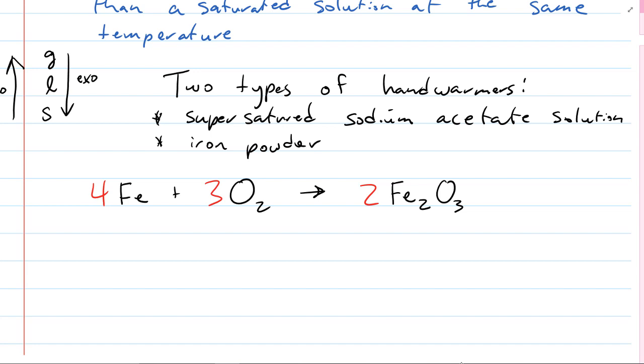So what happens in here then is that when you open it up, the water and the salt in there actually cause the iron to rust. And it turns out rust is an exothermic process. We don't see that when it happens on our cars, but when we grind that iron up into really small particles and combine it with oxygen, we see it gives off heat. And we see that all the time when oxygen reacts with things.